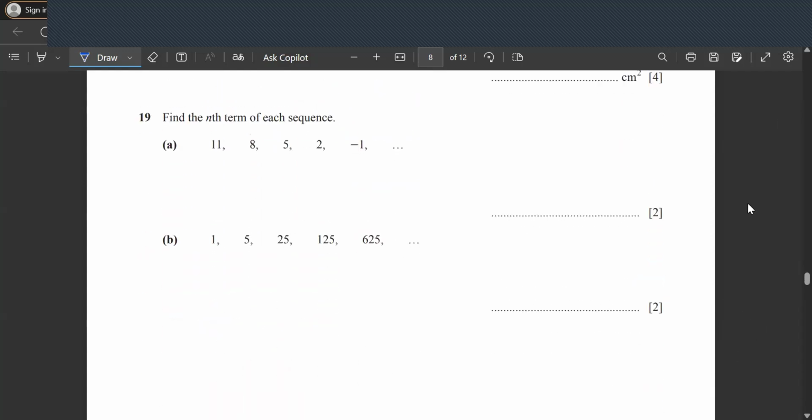Nth term. I love these sequences. Before starting this question, I will ask you a question. For a sequence with the same difference, which rule will I use?